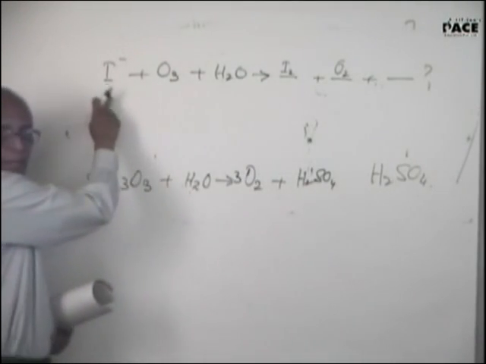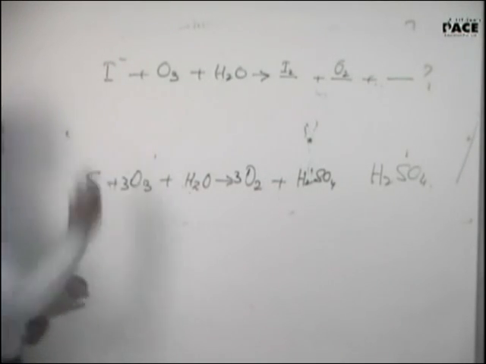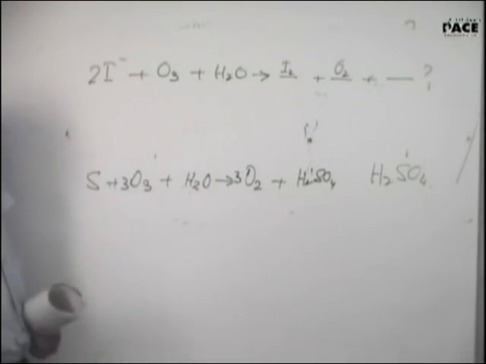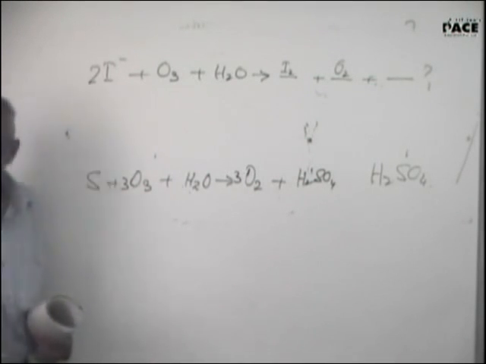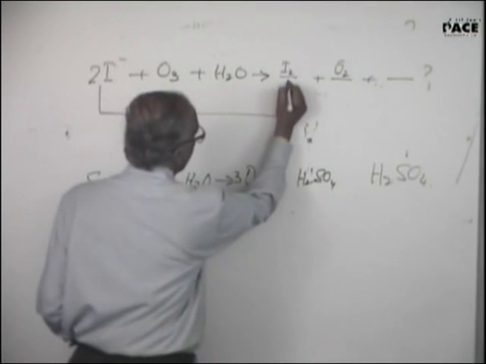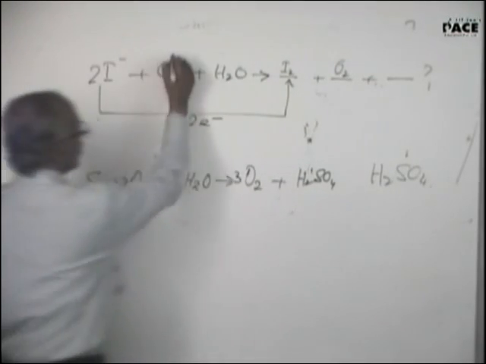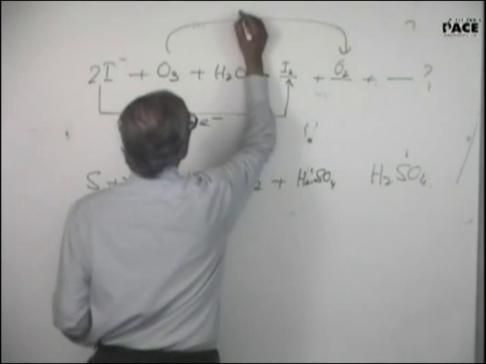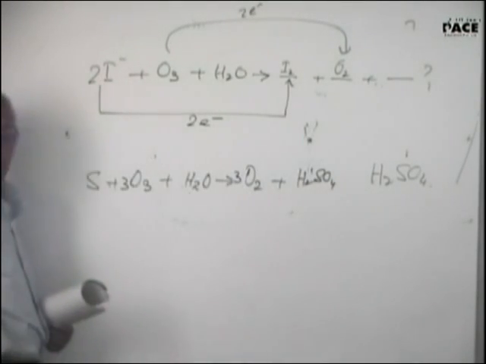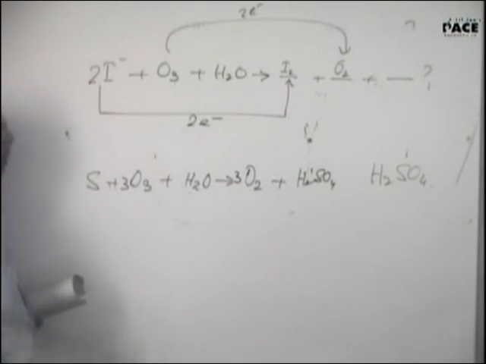How many iodide ions do you need to get 1 mole of iodine? 2. So you first start like that. Write 2 iodide first. That will give you iodine, which is a 2-electron change. Ozone is a 2-electron change. So 2 iodide plus ozone plus water.